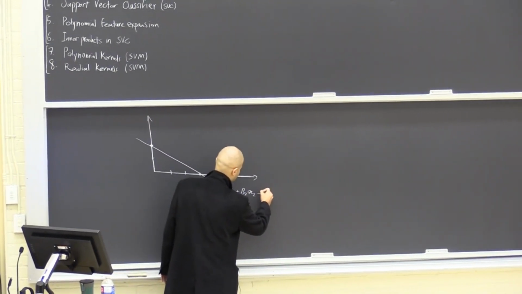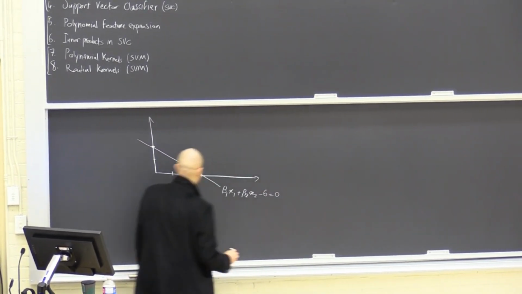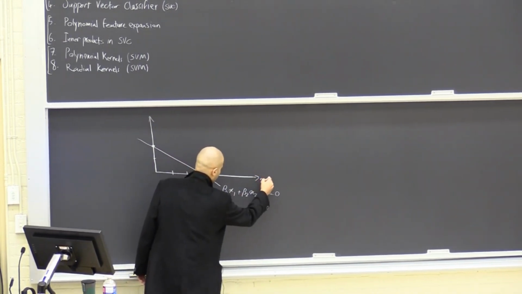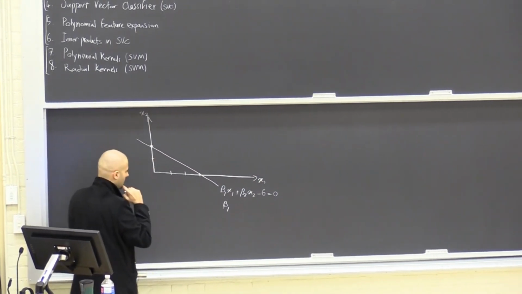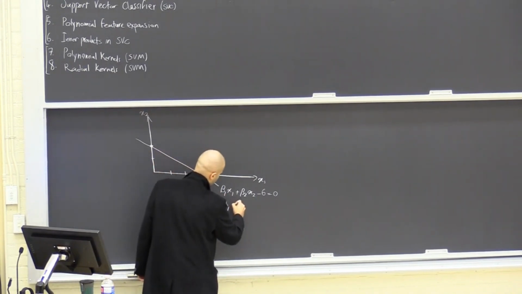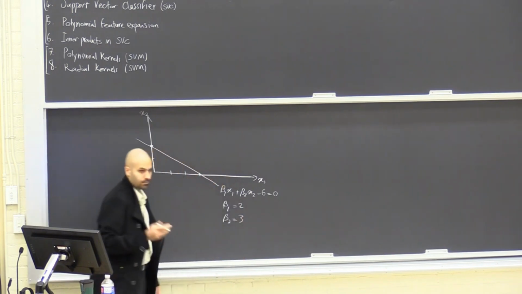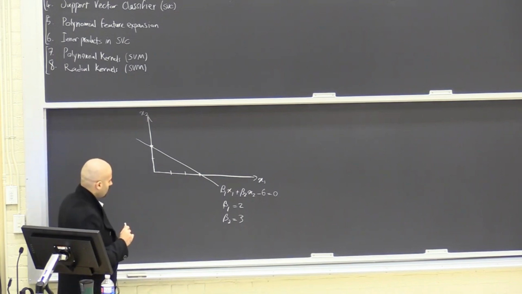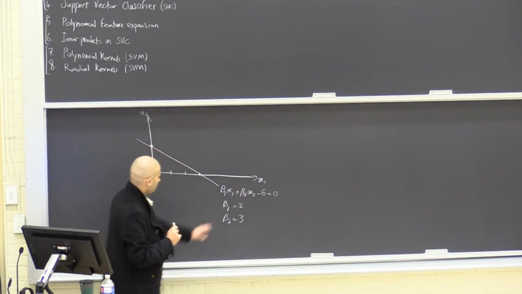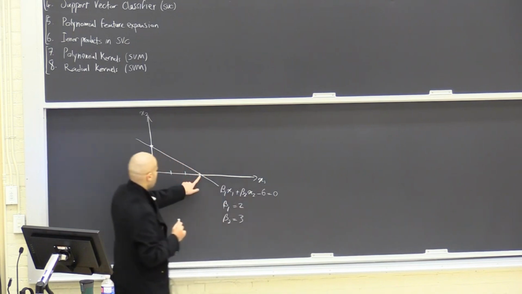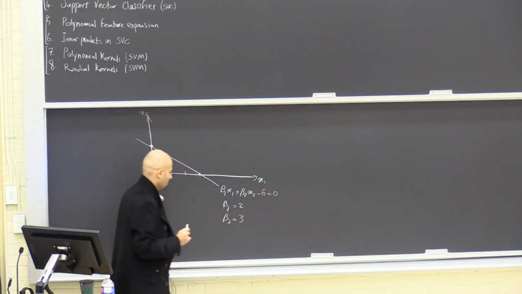So in here, let's say the intercept is minus 6, equals 0. In this example, this is the x1 axis, this is the x2 axis. Beta 1 would be 2, and beta 2 is 3, right? So when x2 is 0, then we have beta 1 times x1 equal to 6. As x1 is 3 here, beta 1 has to be 2.